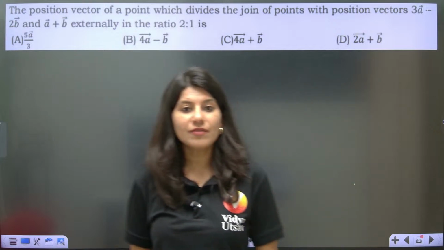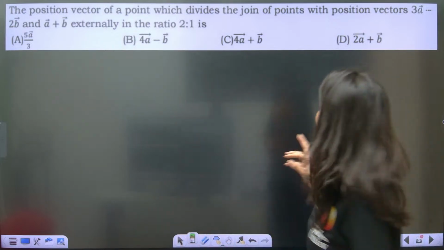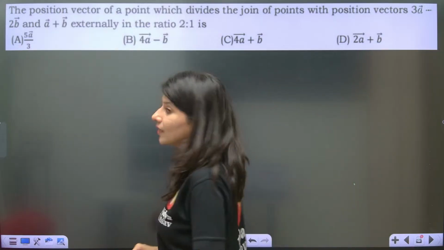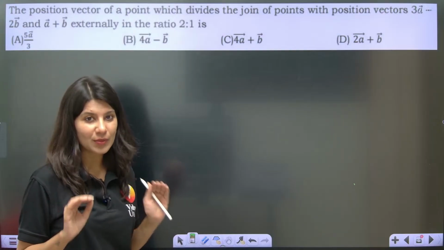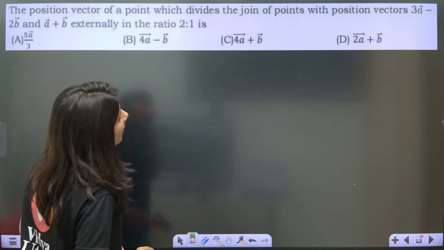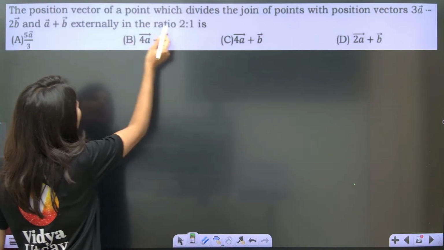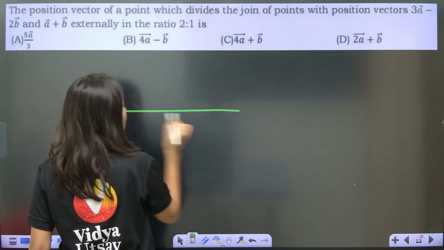The position vector of a point which divides the join of points with position vectors. Hold on, let's slow down. What they are saying is the position vector of a point which divides the line joining 2 points.